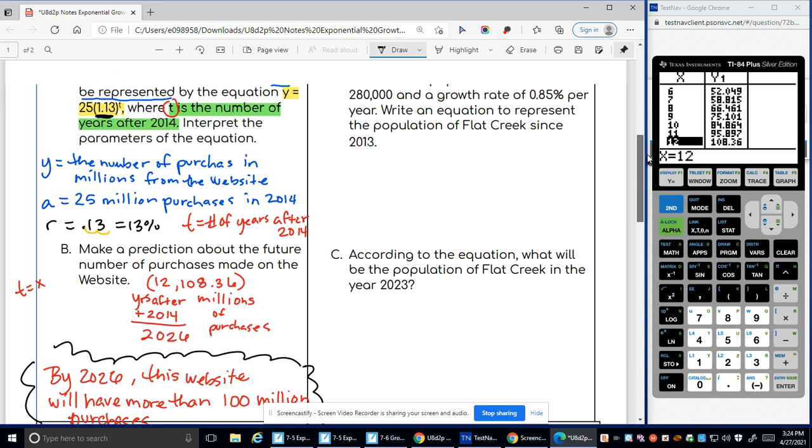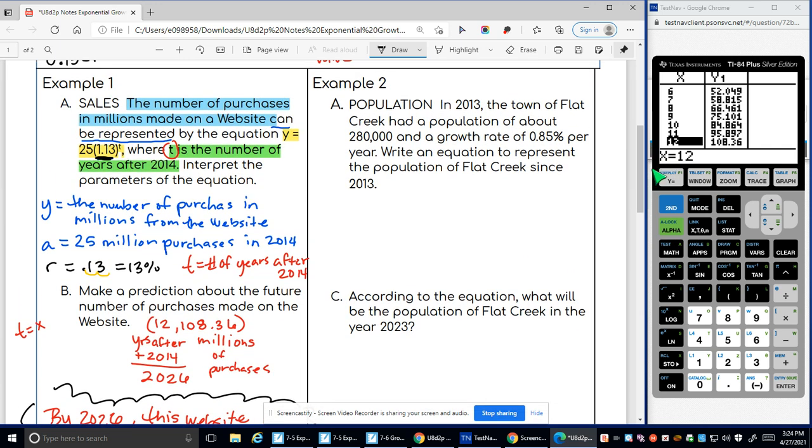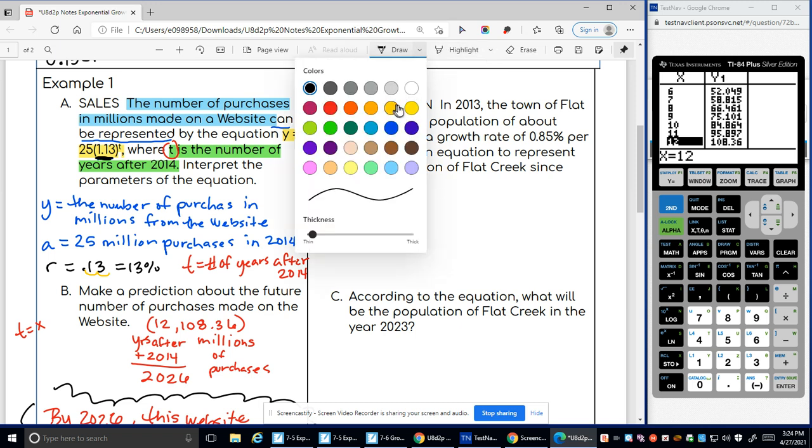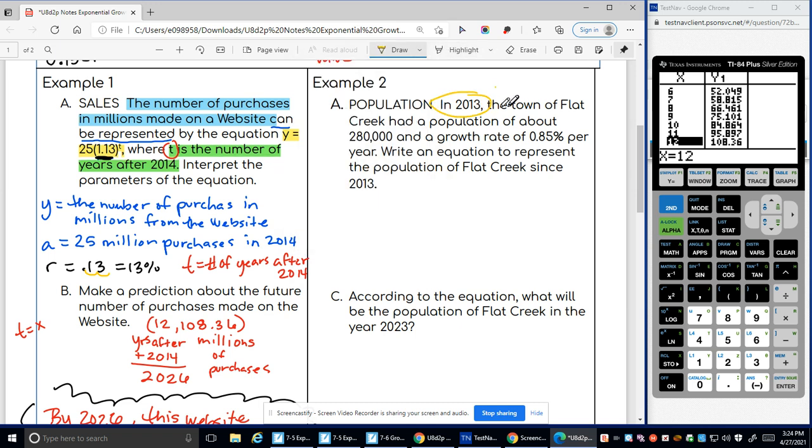Go ahead and let's look over here. Example 2. Now, if you have any questions as we're going along, please bring them to my attention during sync, okay? So example 2, we have a population in 2013. The town of Flat, that probably looks important. I'm going to circle stuff that looks important. In 2013, the town of Flat Creek has a population of about 280,000.